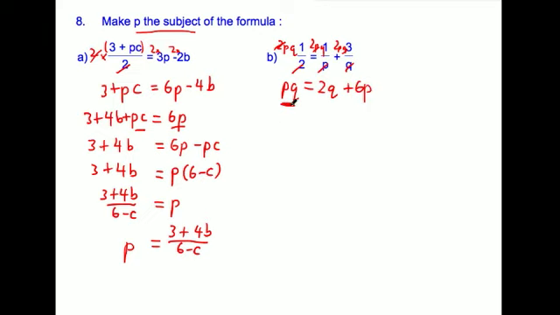Since we want p, again we have to collect all the terms in p together, subtract 6p to give 2q, subtract 6p, and to make p alone, factorize out p and divide away.